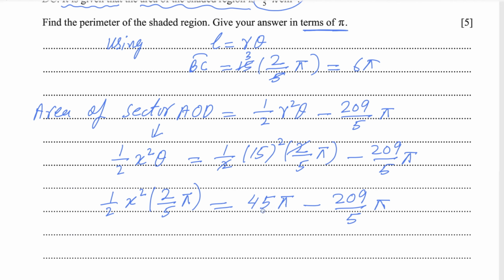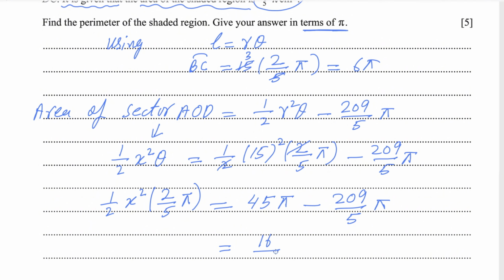In your calculator, no need to write pi, just write the numbers, because some calculators do not give direct answers. So write 45 minus 209 over 5 to get the answer.